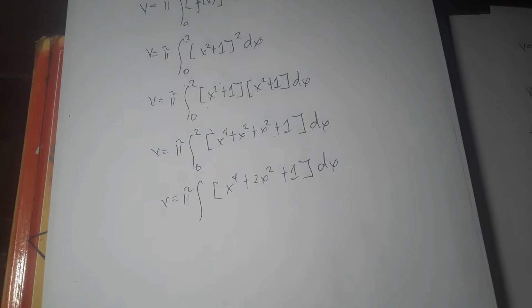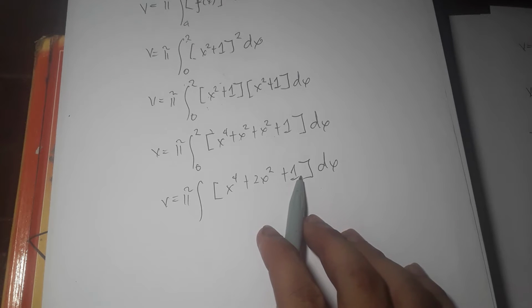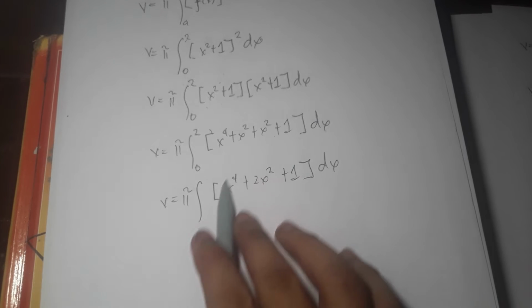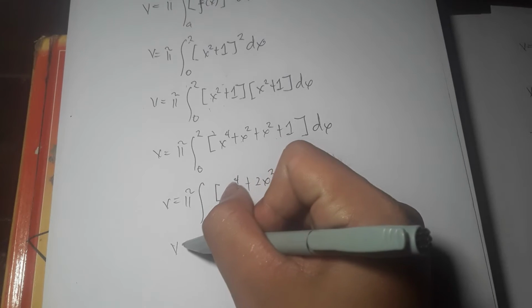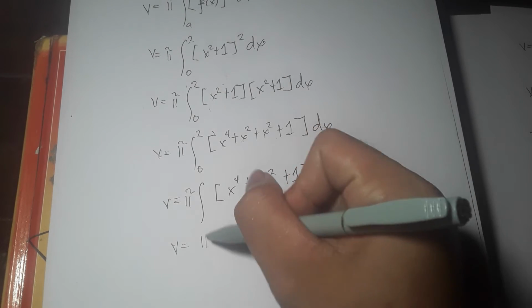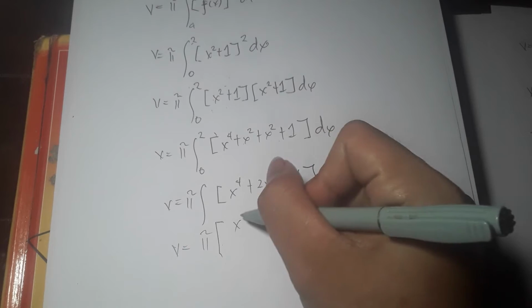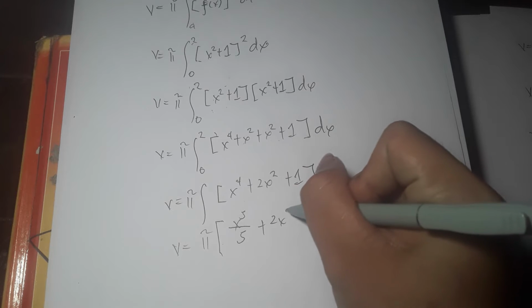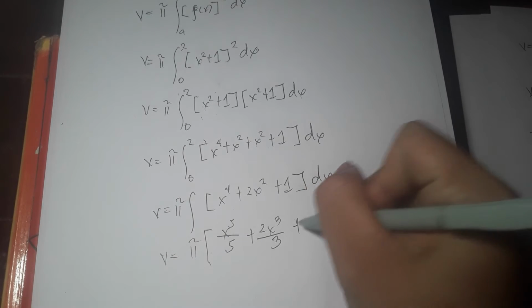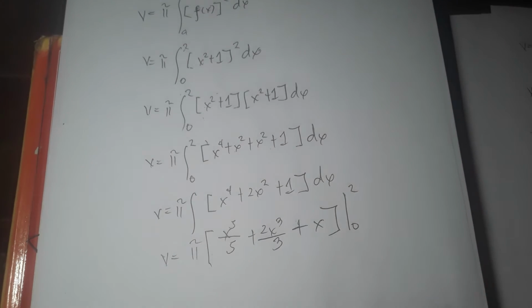So for now, we can get the integral of this function, our integrand. This would be V equals pi times the integral of x to the fourth, which is x to the fifth over 5, plus 2x cubed over 3, plus x, evaluated from 0 to 2.